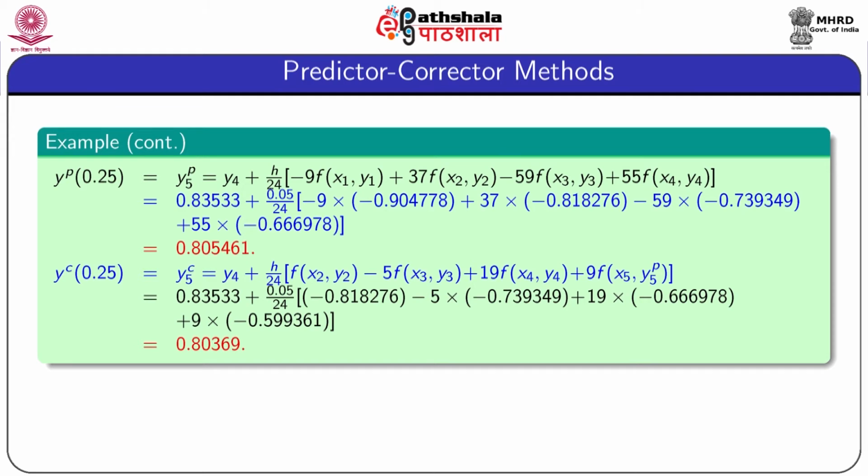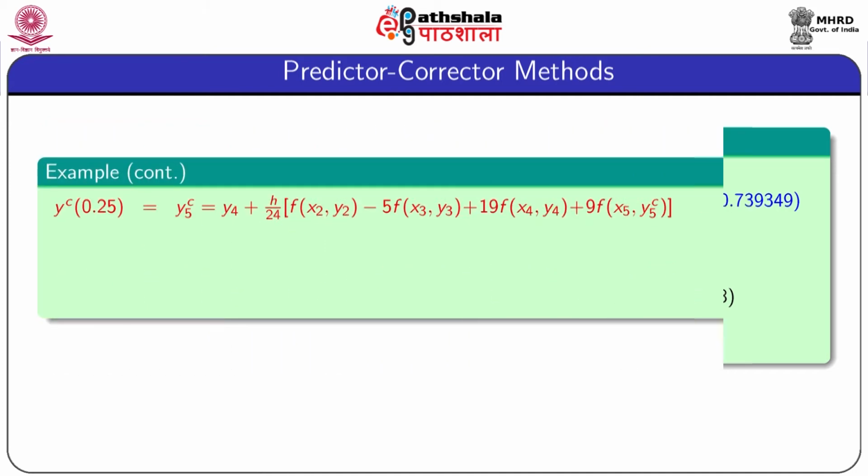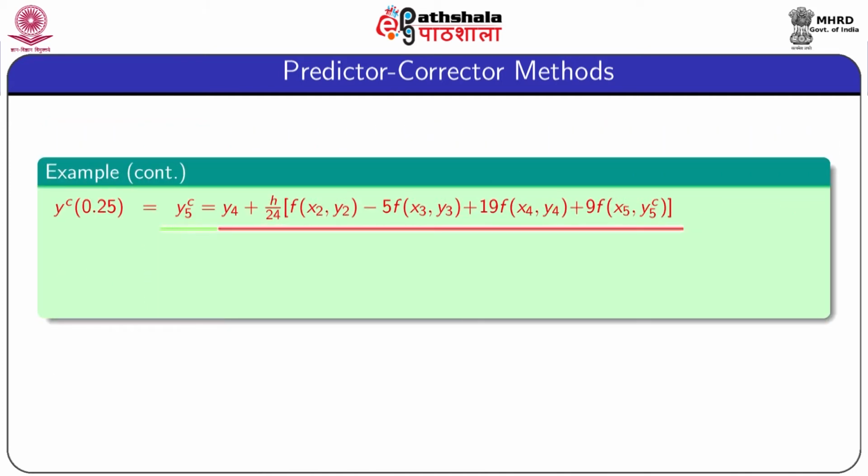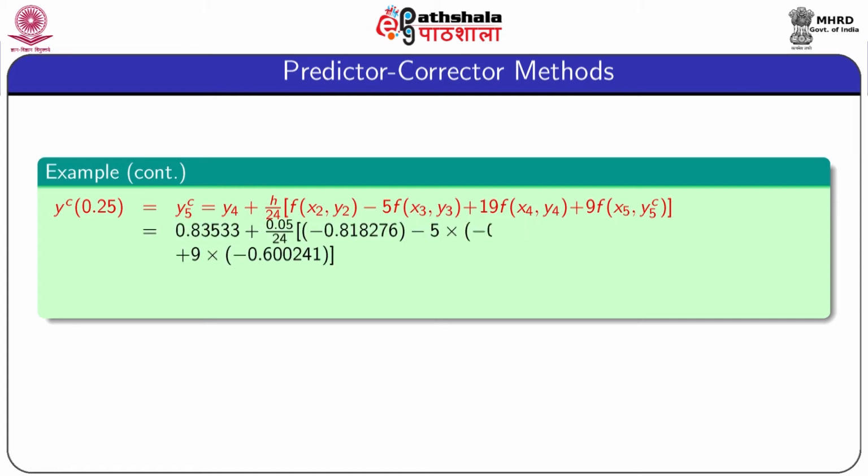So we have to repeat the predictor formula to update this value. Now we use the same predictor formula, but the last term, that means y5p, is replaced by y5c. y5c is the corrected value obtained in the previous slide, and using the modified values we get the updated value of y at 0.25, which is equal to 0.80367.